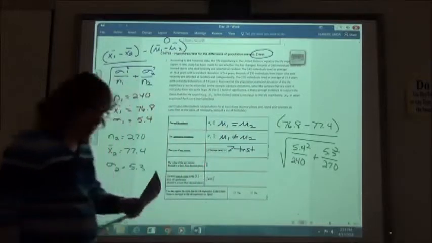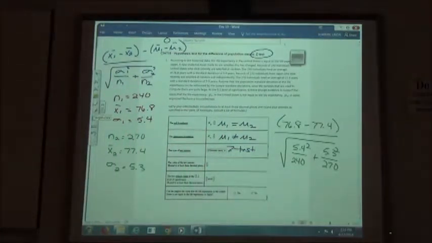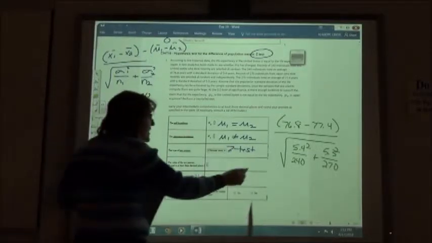There, that probably looks better. So 76.8 minus 77.4 over the square root of 5.4 squared over 240 plus 5.3 squared over 270. We are rounding this to 3 decimal places, it says, for the value of our test statistic.